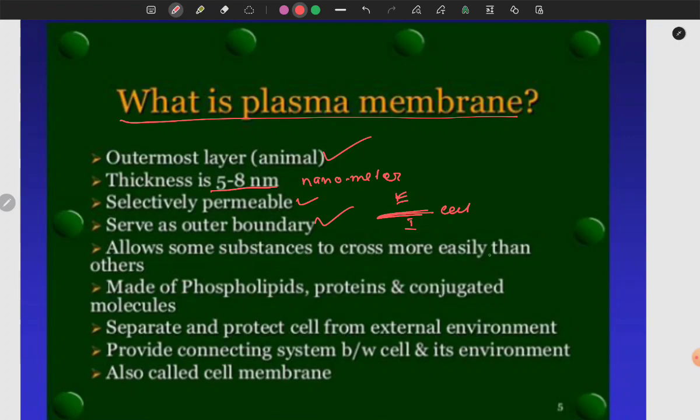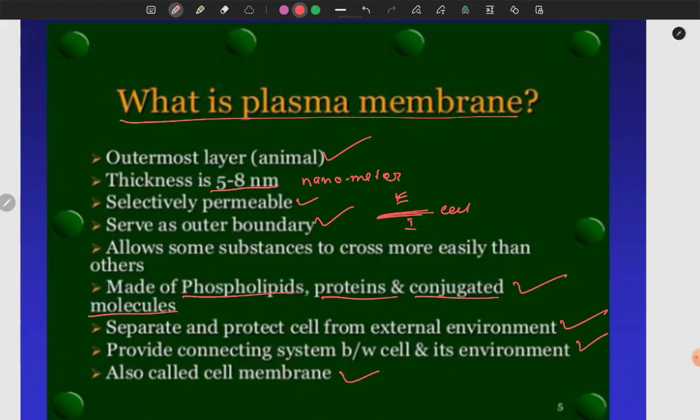The substances which are hydrophobic, I'll discuss this in detail later. It is made of phospholipids, proteins, and conjugated molecules. It separates and protects the cell from the external environment. It provides connection between the cell and its environment, and is also called the cell membrane.